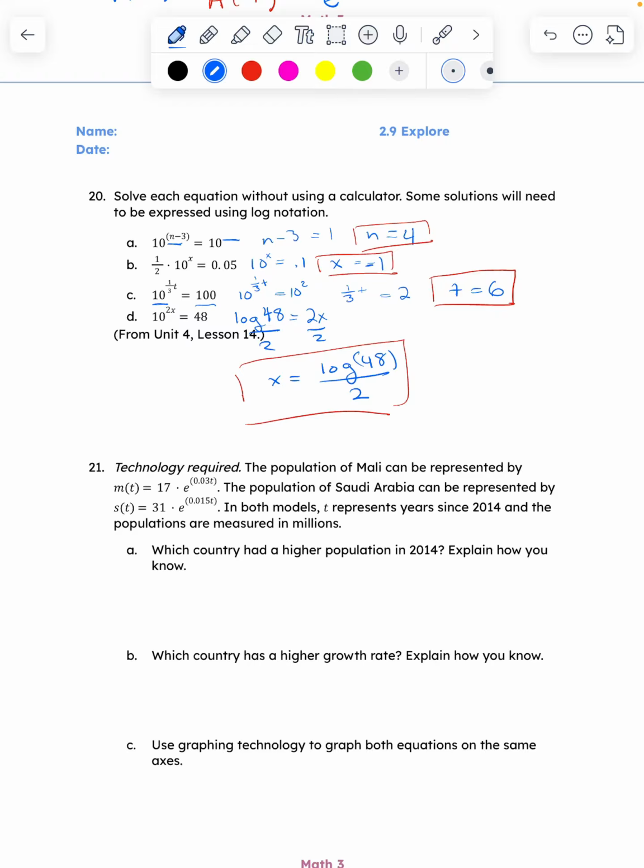I want to compare the higher population in 2014, and 2014 is my starting year.